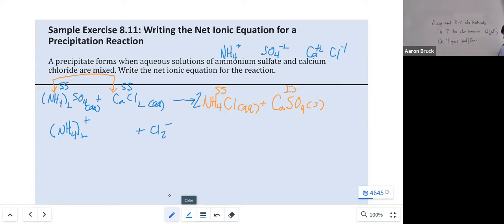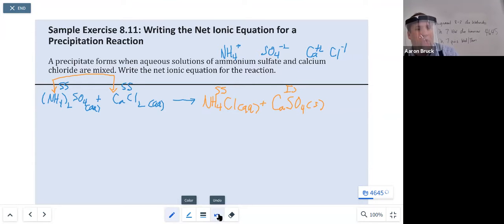I haven't taught you any ion that looks like this, where it's 2 ammonium ions stuck together. I haven't taught you anything about a chlorine molecule with a -1 charge. Those subscripts are going to get converted. And what they're going to get converted into are coefficients.